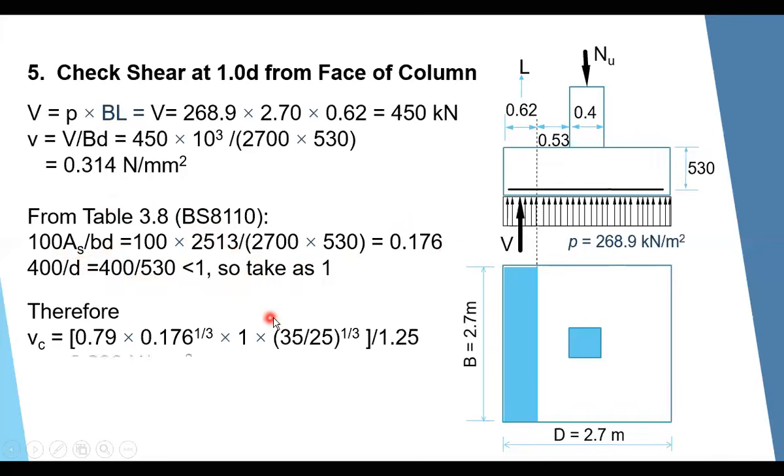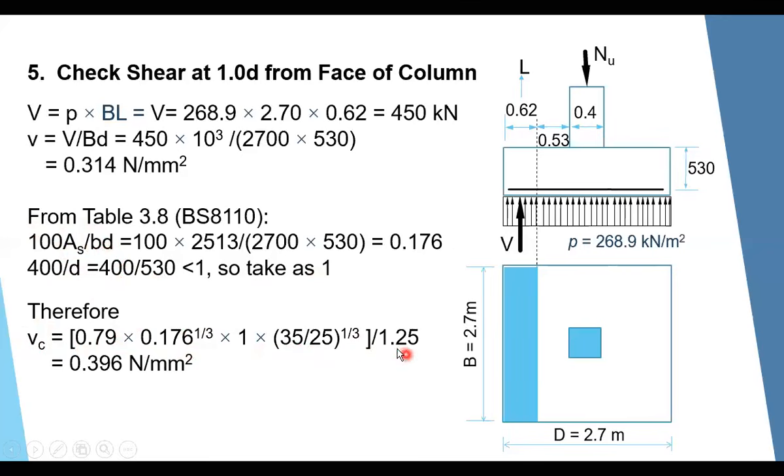Then substitute this value into the VC equation, which is 0.79 times the first term here, 100 AS over BD to the power 1 over 3, times 400 over D to the power also 1 over 3, but this value should not be less than 1. So we used it as 1, and multiply by FCU divided by 25 to the power 1 over 3.